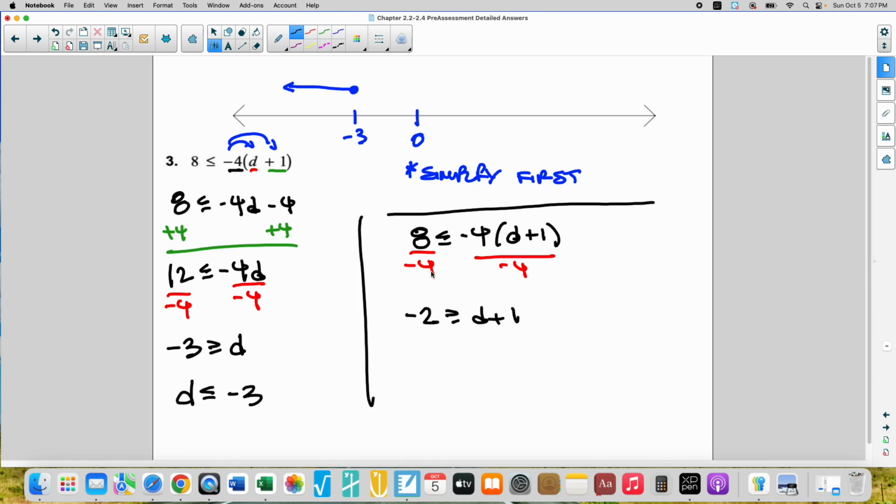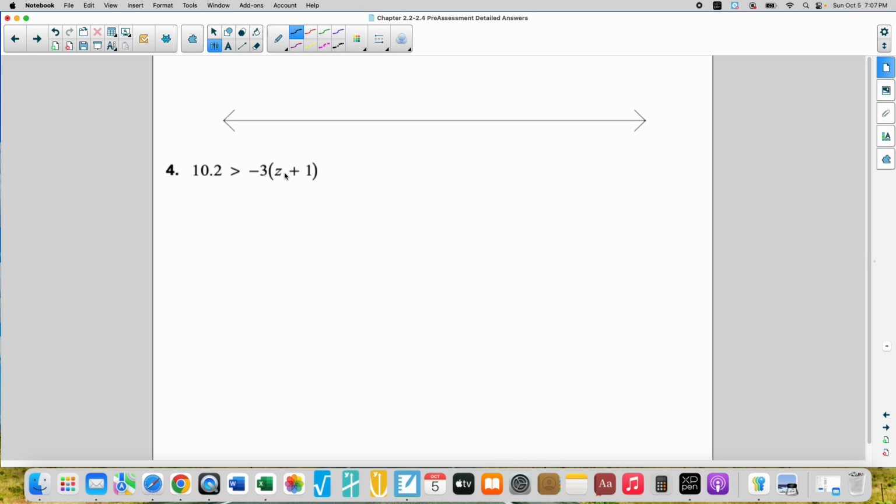Because we divided both sides by -4, we need to flip it, and then we subtract 1, and we still get that same answer. -3 is greater than d, or d is less than or equal to -3. Same answer, same solution, just two different ways you might see it done.